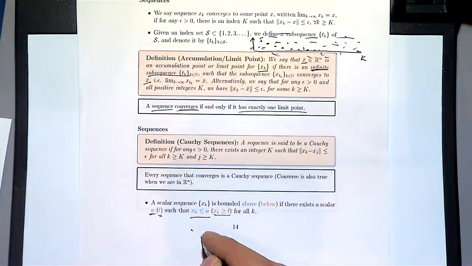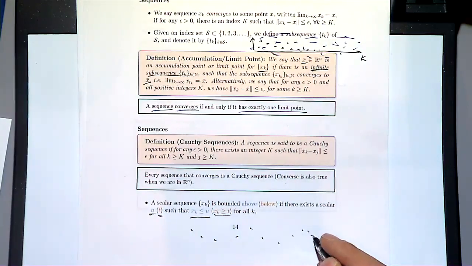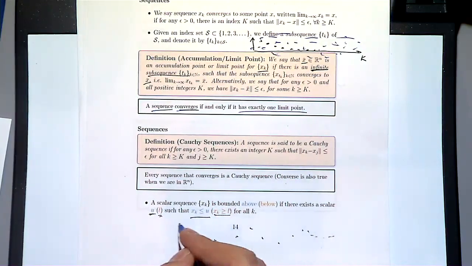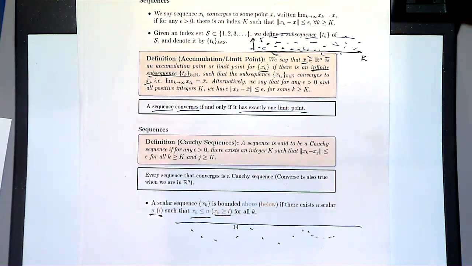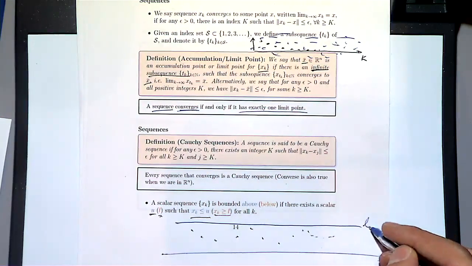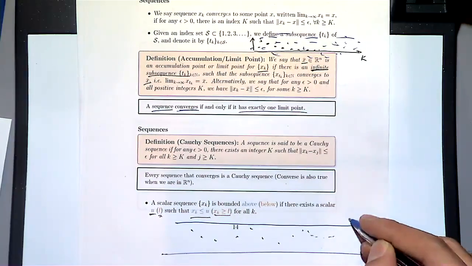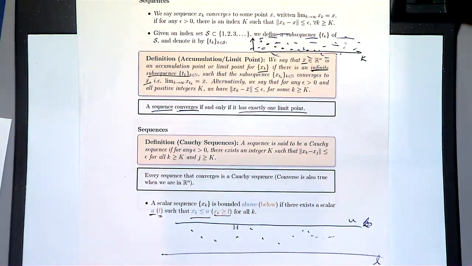So if I have a sequence that looks like this, if I can bound it from above, it's bounded from above. If I can bound it from below, it is bounded from below. And I can call these things upper bounds and lower bounds.